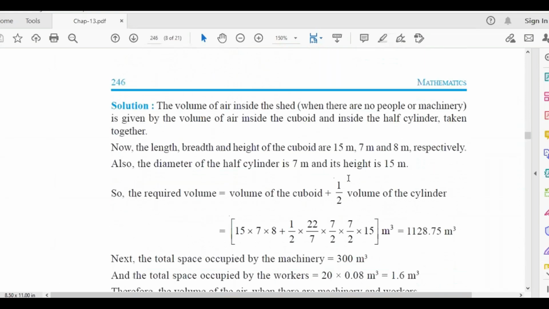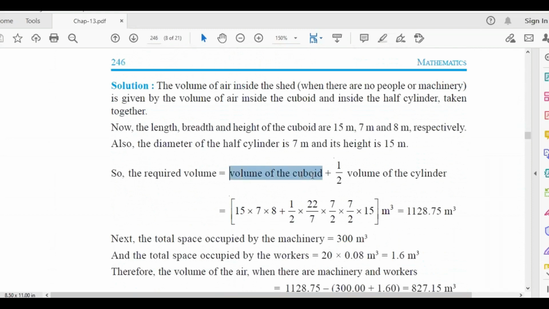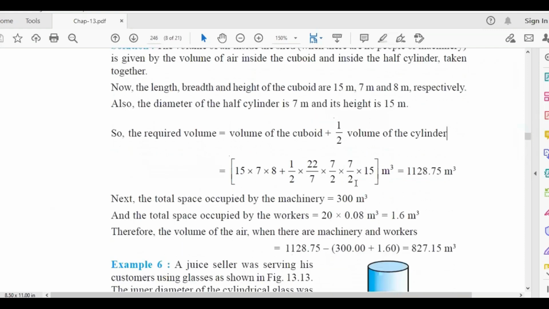I will show here. What we want to have is the volume of the cuboid plus half the volume of the cylinder. The volume of the cuboid is LBH, so 15 into 7 into 8.